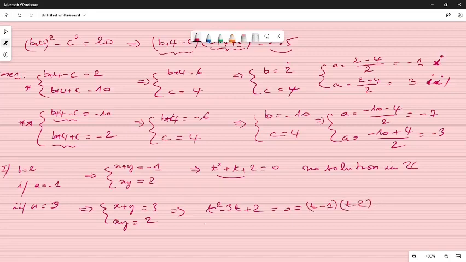This implies that x equals 1 and y equals 2, or vice versa, because our original Diophantine equation is symmetric, so we have (x, y) equals (1, 2) or (2, 1).